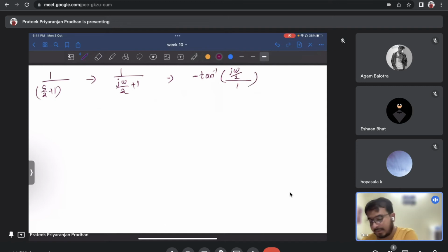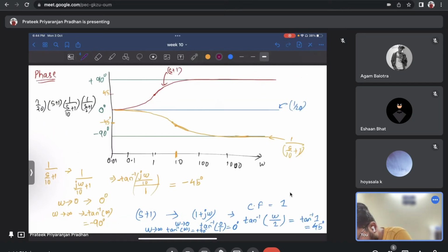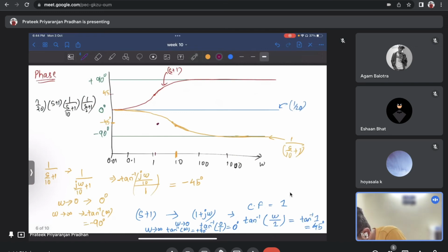So the corner frequency is 2, and the angle will be negative 45 degree. So at 2, this is 2, like this, and omega tends to 0, it's 0 degree. Omega tends to infinite, it's negative 90 degree, just like the previous one. So this will be like this and going like this.